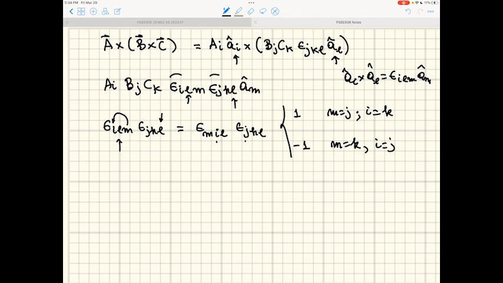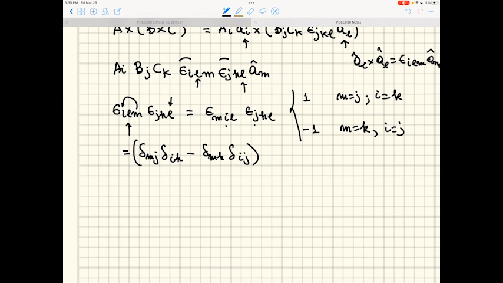So that's simple to see this. So this is equals to, in fact, a product of canonical delta functions. Delta Mj delta Ik minus delta Mk delta Ij.